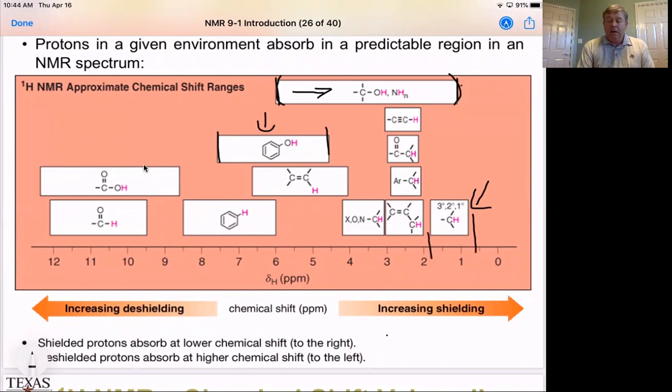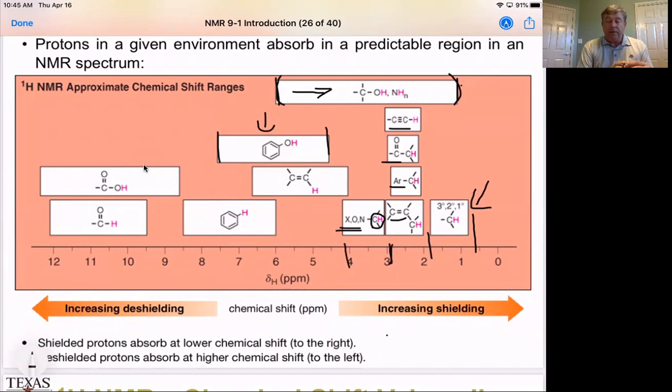Once we get next to items that start pulling electron density away, like double bonds, aromatic rings, carbonyls, or triple bonds, those start to shift downfield, okay? So those are shifted between 2 and 3 ppm. Now, if the hydrogen is on a carbon bonded directly to an electronegative atom that's pulling more electron density away from it, those are shifted between 3 and 4 ppm, okay?